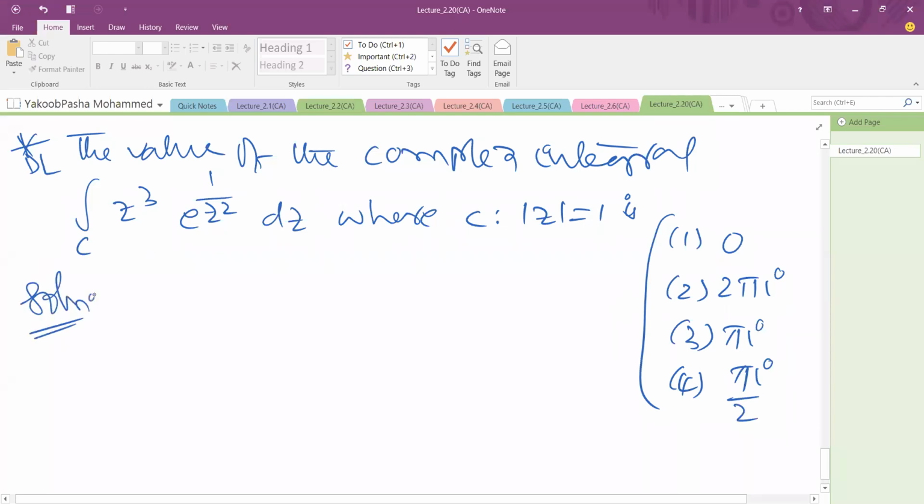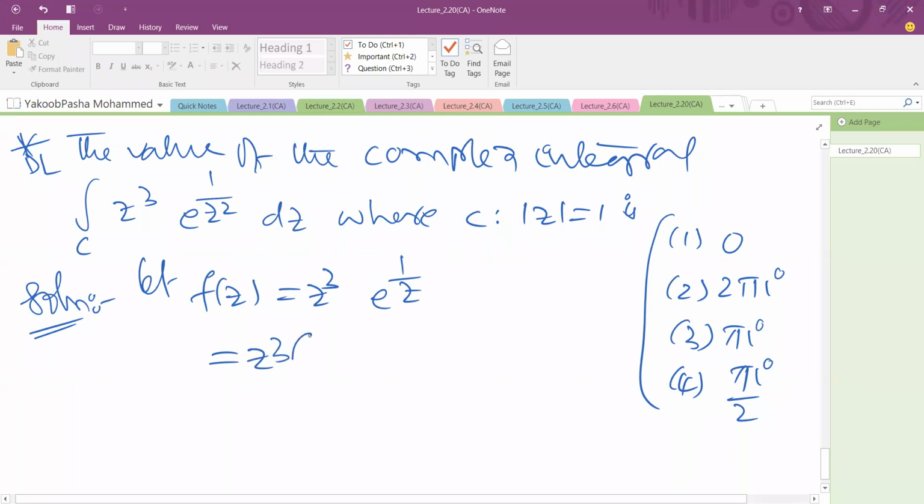First, we have to take a function f of z is equal to z cube into e to the power of 1 by z square. First, we can see the singularities. First expand e to the power of 1 by z square.